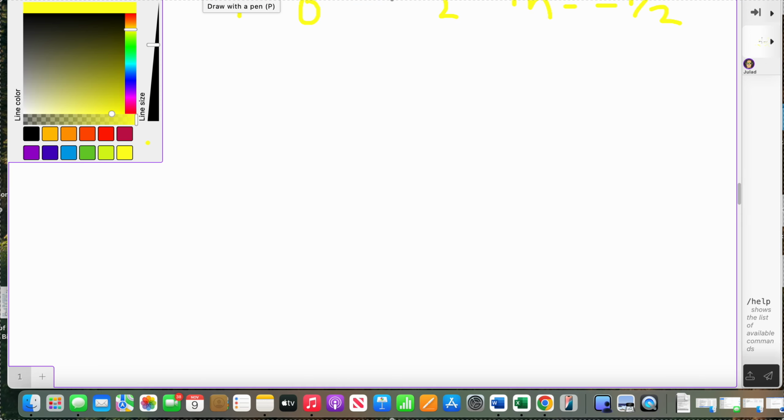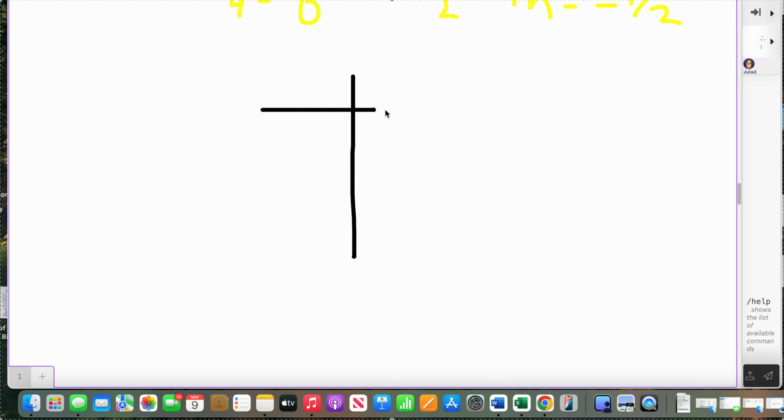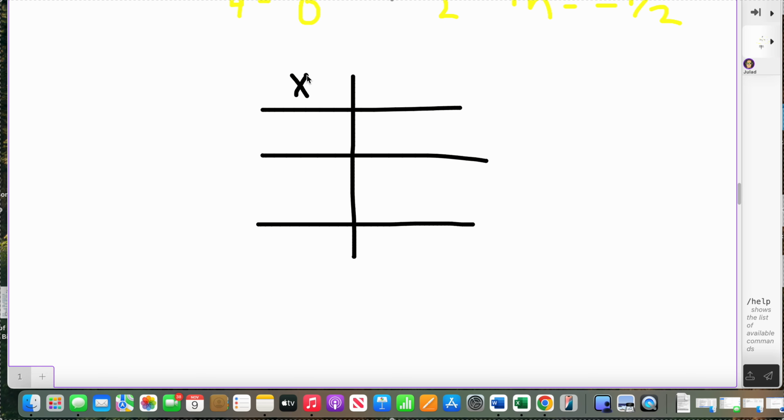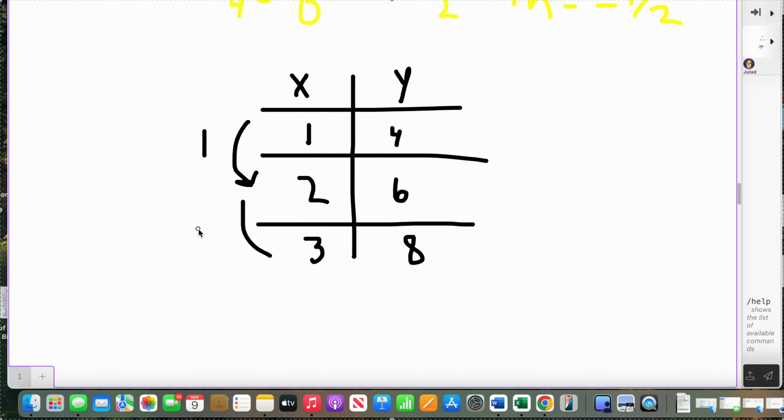So, for example, if we had something like this, we could see that each x value increases by 1, and each y value increases by 2.